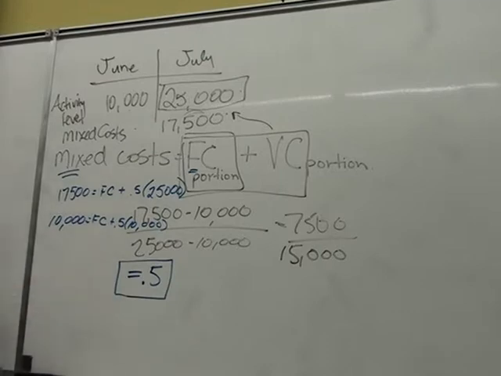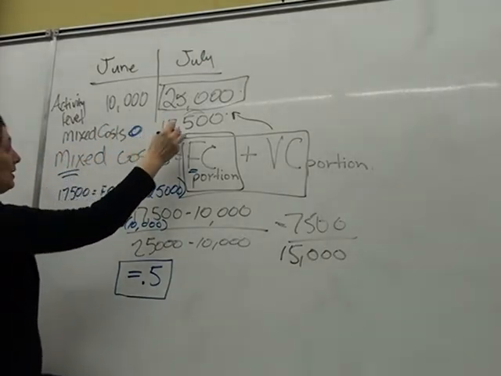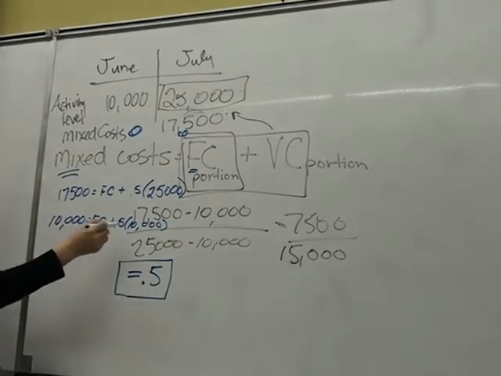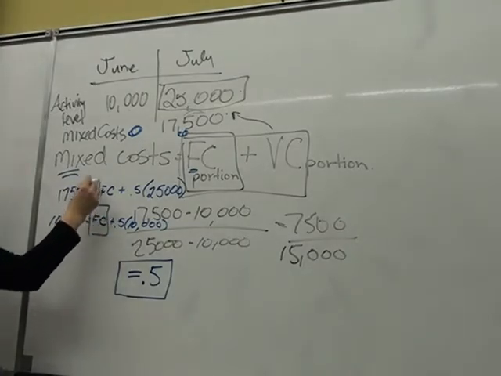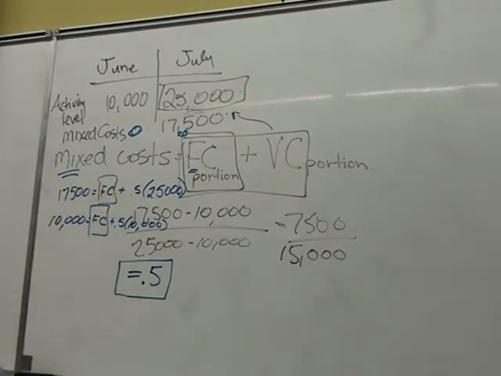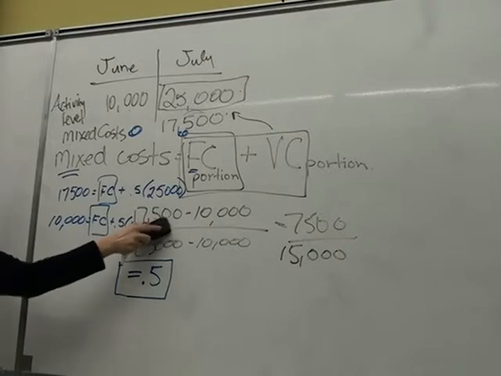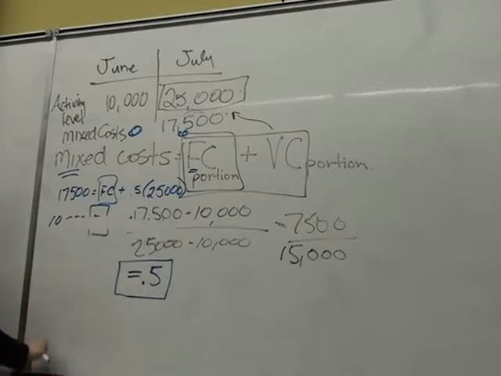Because remember, you can use either this mixed cost for June or the one for July, and you will always get the same equation, and this will be the same as well. So when you do the math, it will tell you what the fixed portion is. But I didn't ask you for that. All I asked you for was this, the 0.5.